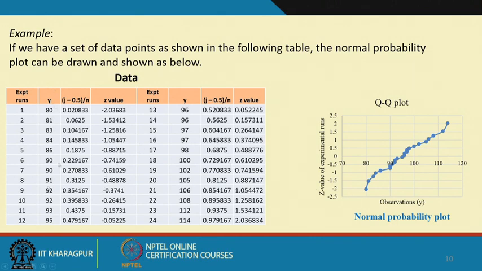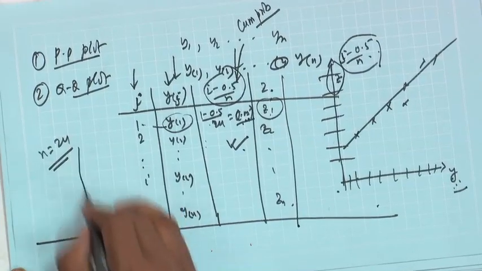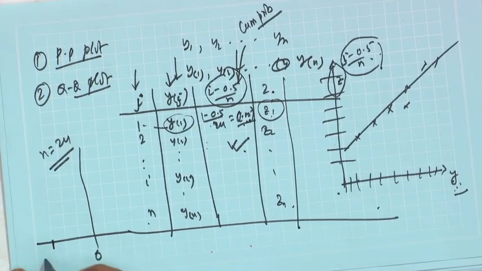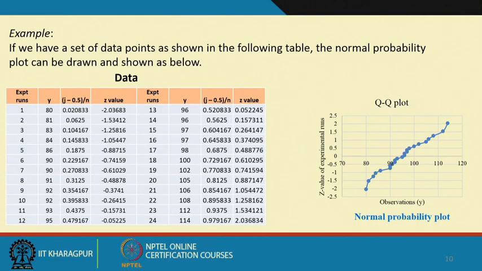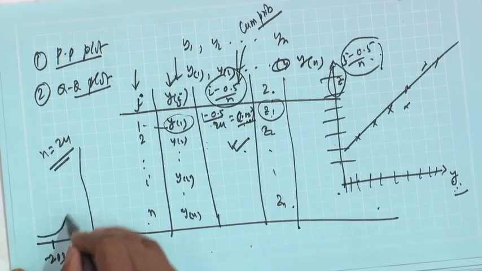This y part remains the same, this part also remains the same. From this we found the z value. What is this, minus 2.03? Minus 2.03 means, suppose I go to the z normal, this is 0, and somewhere here is minus 2.03. So, the probability value is 0.02, if it is standard normal.